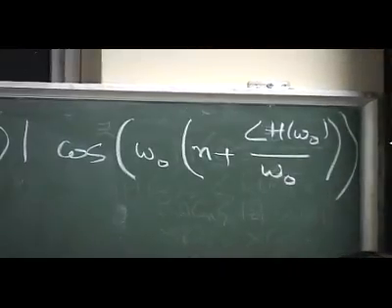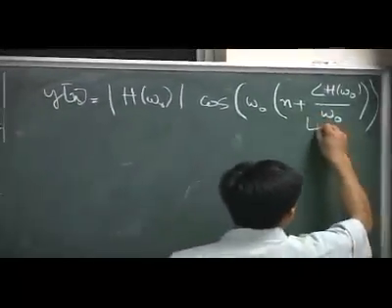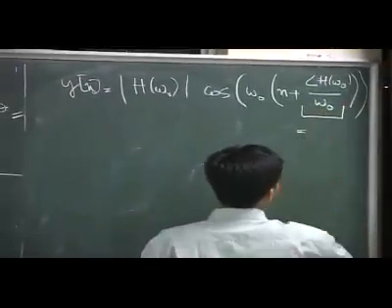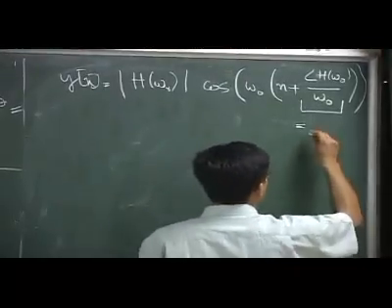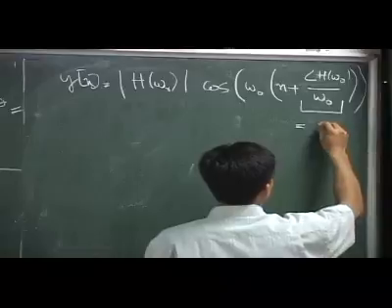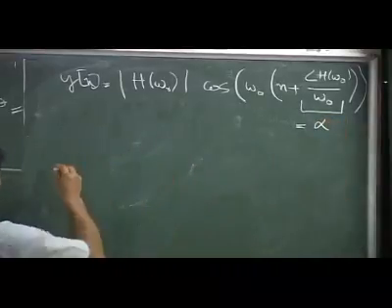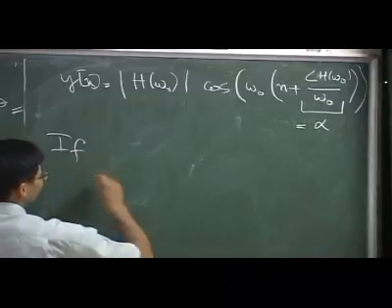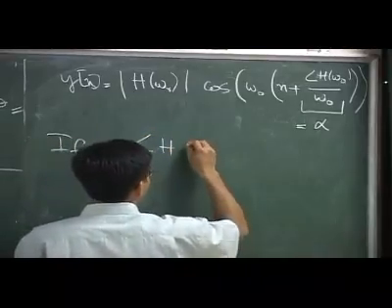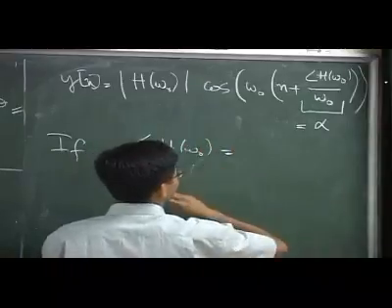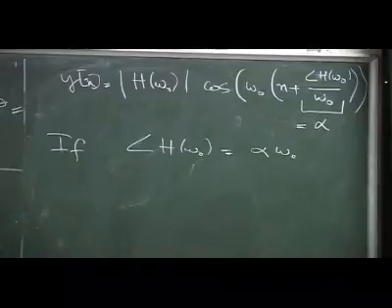Right? Now if this thing is equal to a constant, let's say a constant alpha, so that the phase of H of omega naught is equal to alpha times omega naught, then what happens?